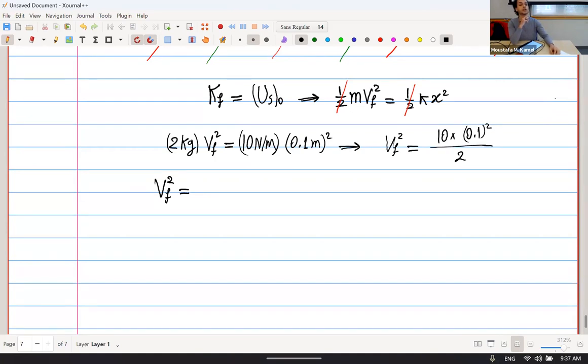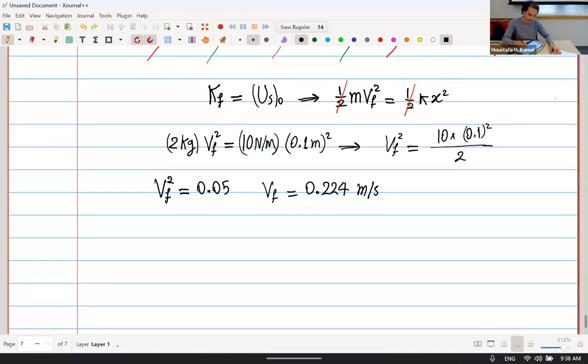Yes. It's 0.05. Then you take the square root. 0.224 meters per second, which is about 22 centimeters per second.